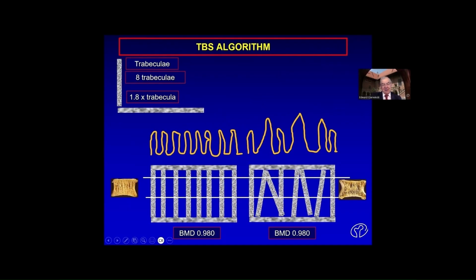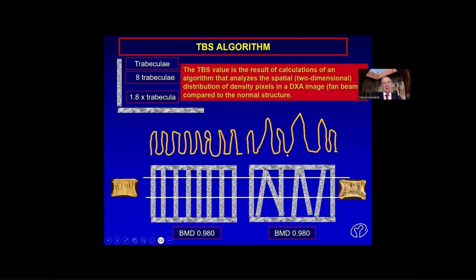And this is the key to TBS. That means trabecular bone structure. And these values are a calculation from the analysis of the spatial two-dimensional distribution of density pixels in the DEXA image, compared to normal structure.